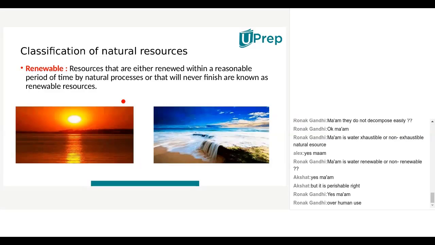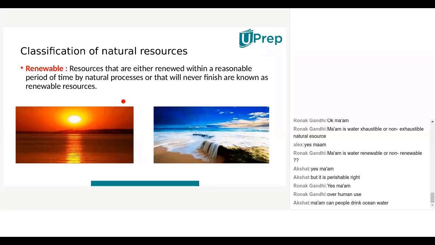It takes much time to put an end to this natural resource. In the same way, air also comes under renewable natural resources. Understood or not?